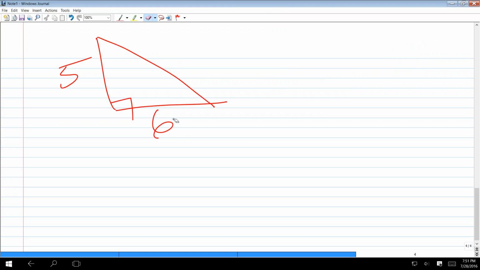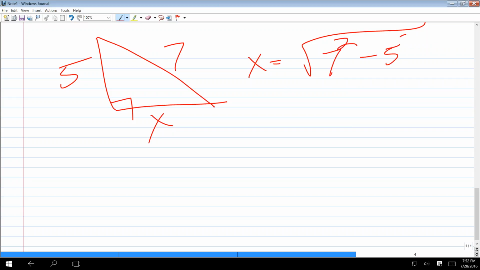Okay. Now, let's solve for one of the short sides. This time, x is one of the short sides, right? The hypotenuse is always the longest side. So it'd be the square root of 7 squared minus 5 squared. Exactly. It's really easy. In other words, once you get it, you get it.